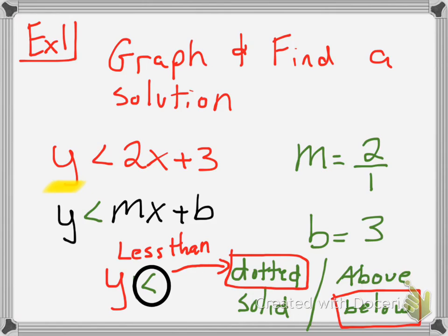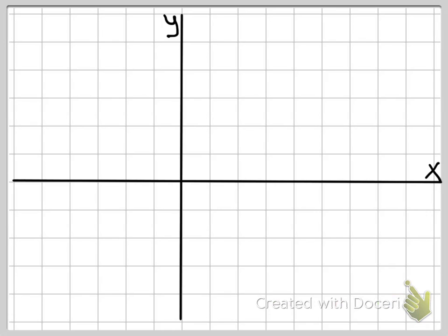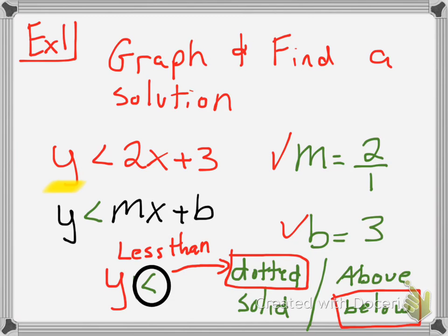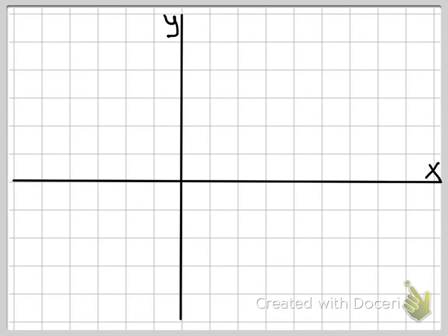Just like any other line that we're going to graph, we're going to take care of a slope and y-intercept. Now, if you recall, our y-intercept was positive 3. So I'm going to graph 3 right here. That's my y-intercept.